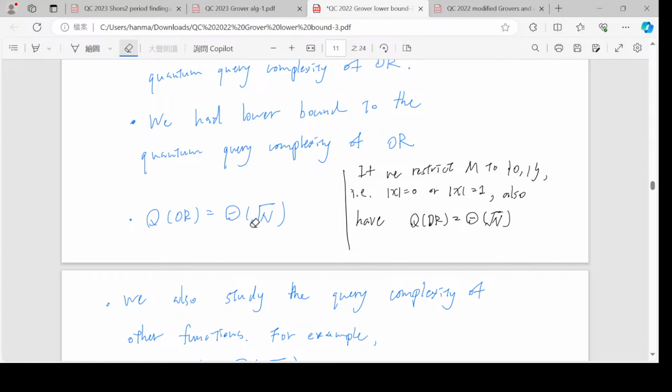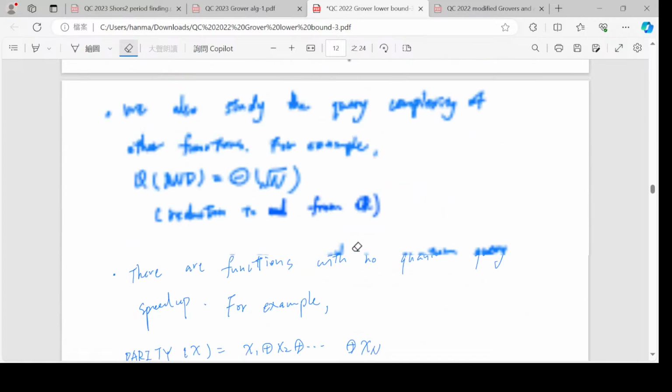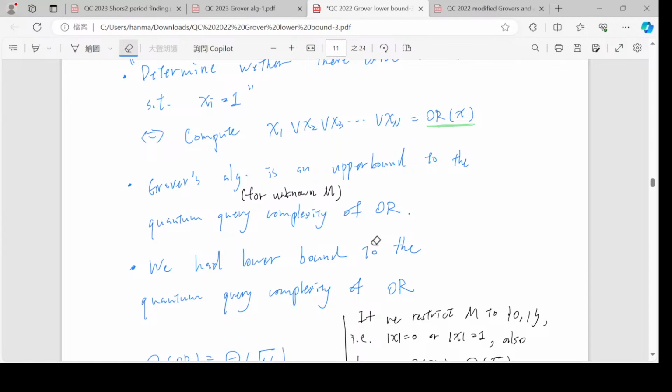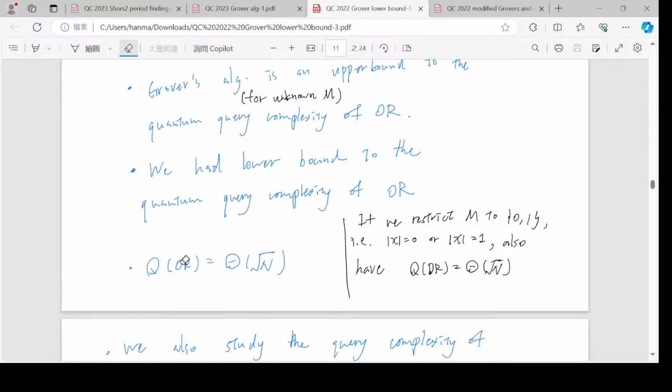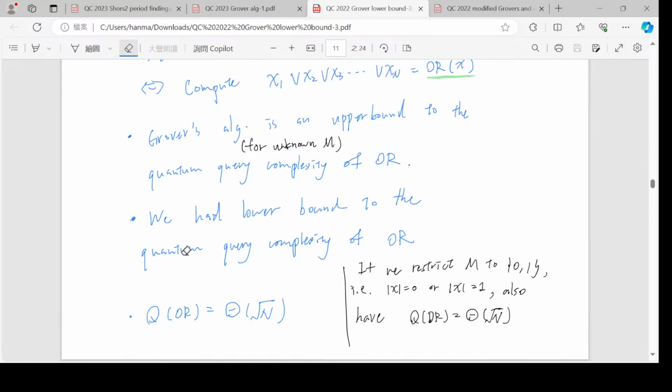And the lower bound, we just proved it. Okay. And that is that. But here the upper bound is a little weird, right? I guess here we are using it for unknown m, so it's okay.